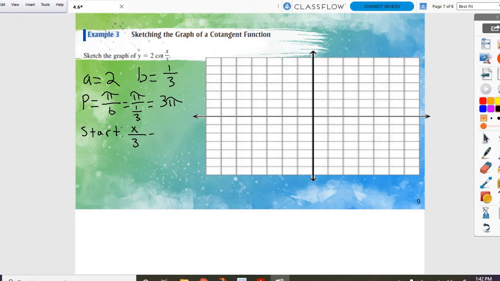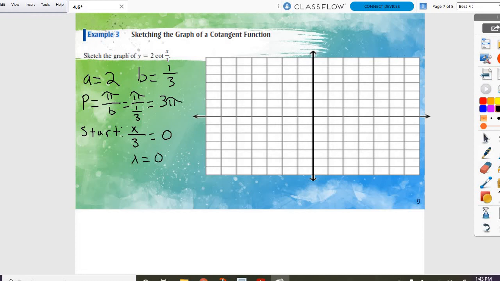Remember, we want to set the inside equal to wherever we normally start. Well, because tangent started at -pi/2, when I had a B value, it changed that as well. But because cotangent is starting at 0, like our sines and cosines do, just because there's a B value, that doesn't change our starting spot.